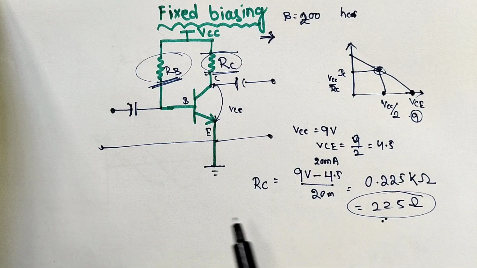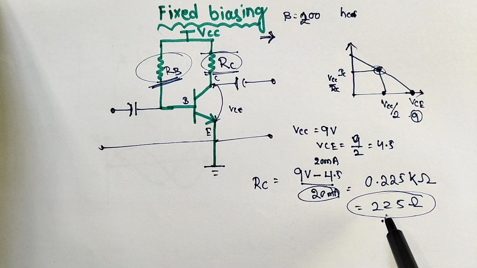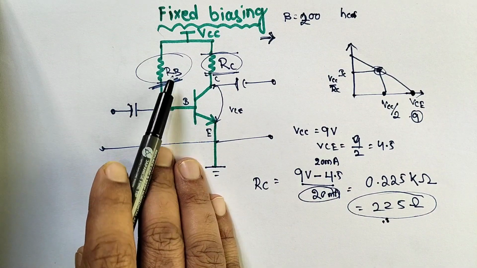For this RC, this much current only we can amplify. For this RC we need to decide the RB value.